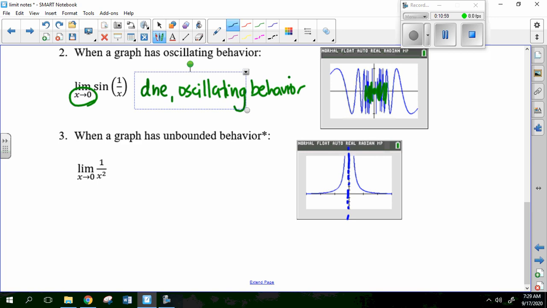Then we get these two curves that come in from the left and the right, but then shoot up forever and never actually get to the asymptote. They get really close to it, but we can never equal 0, and we're going off to infinity. That's what's called unbounded behavior. And so again, we're just going to say does not exist because of unbounded behavior.